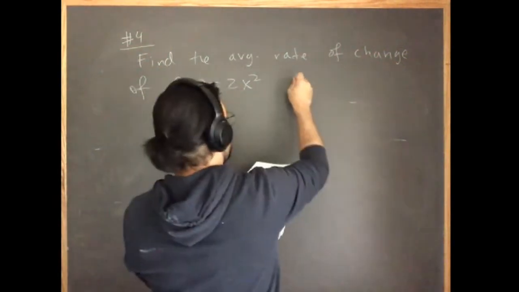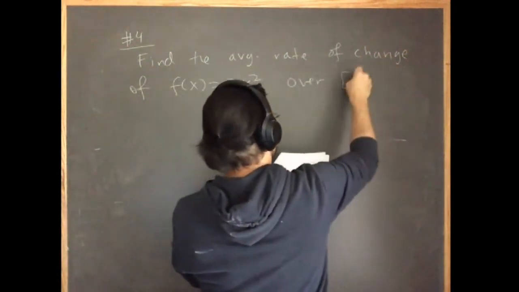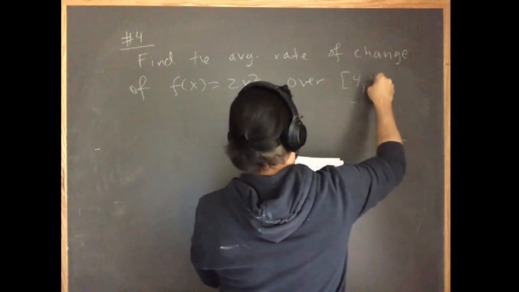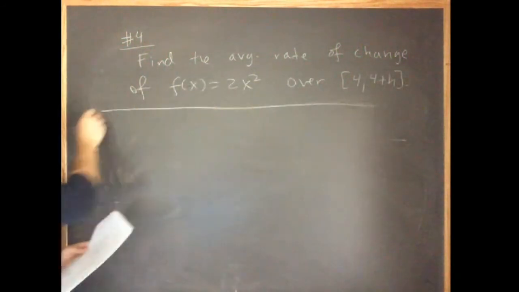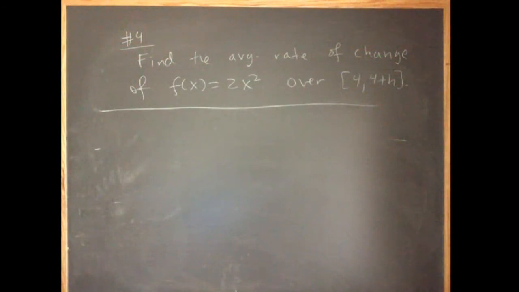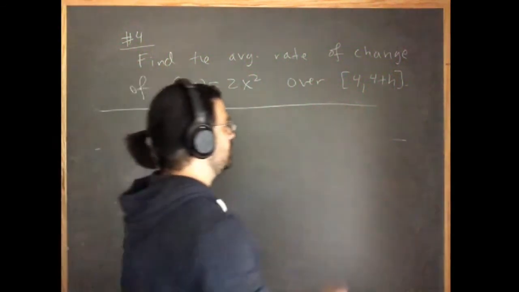And now we're going to go over the region from 4 to 4 plus h, where h is a variable. So this is what I was saying before. Sometimes they'll make your x1 and your x2 another variable altogether. There are a couple of examples like this in Aleks, and also this is how you'll see it when you get to Calculus 1.